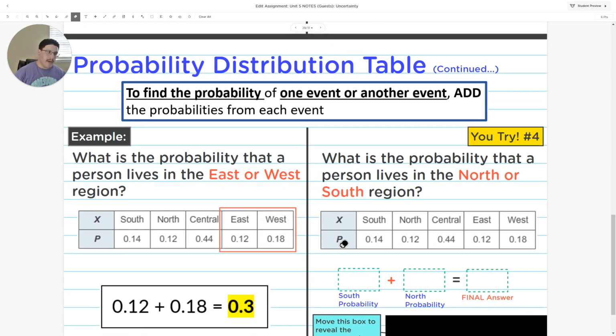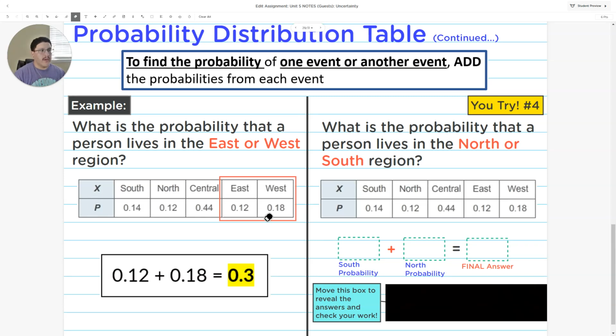Okay, here's another example that you'll run into. To find the probability of one event or another, again, one event or another, add the probabilities from each event. What is the probability that a person lives in the east or west region?